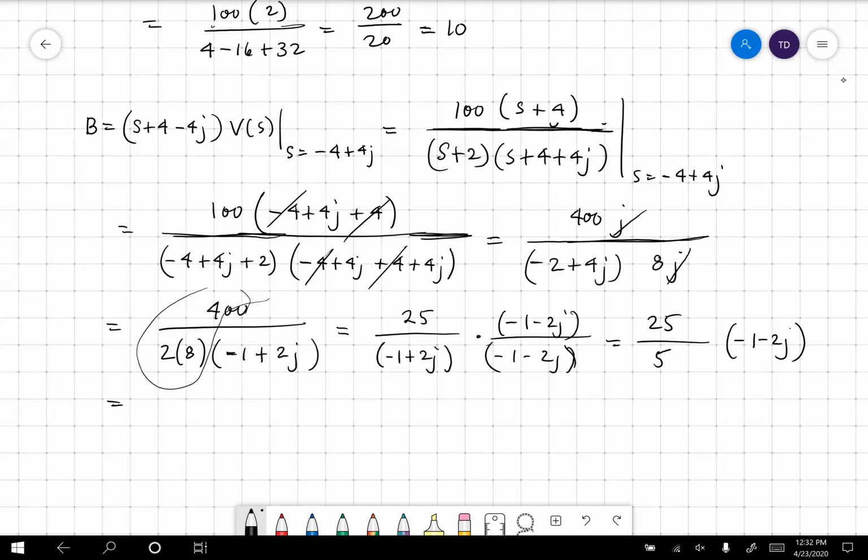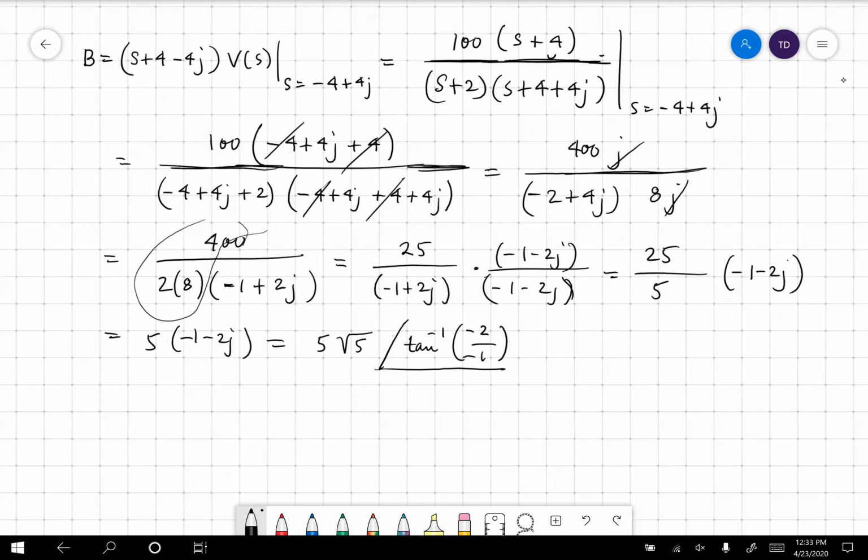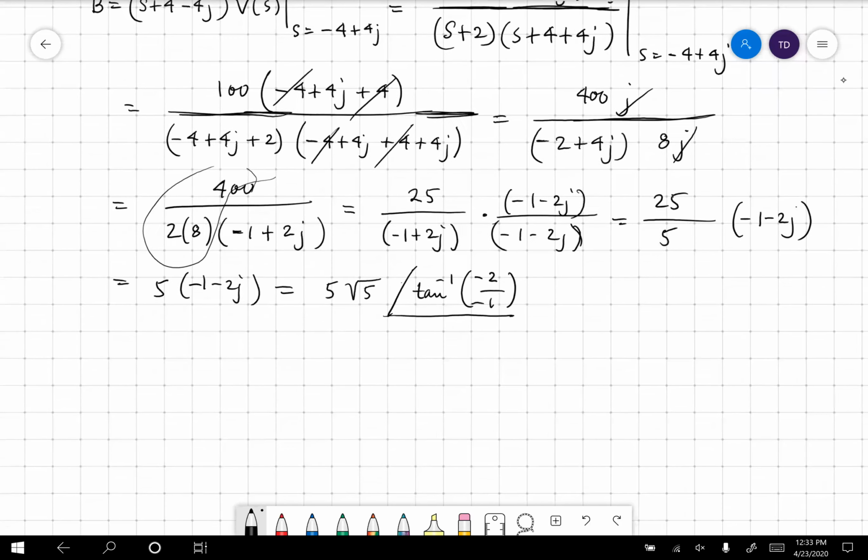So nice numbers. 5 times minus 1 minus 2j. We'll do one last conversion because we want it in polar form. 5 times the square root of 5 at an angle of tan inverse of minus 2 divided by minus 1, imaginary over the real. And leave those minuses in there. They tell us it's in the third quadrant.